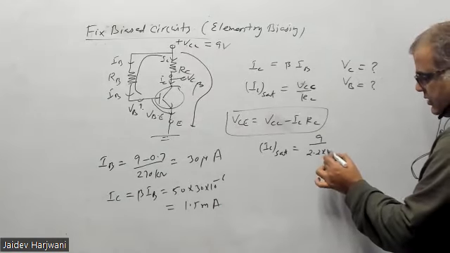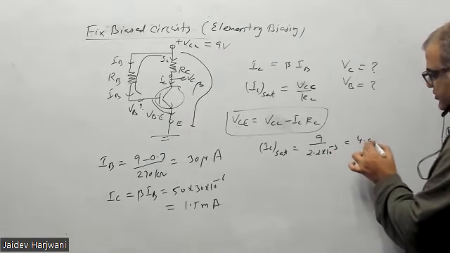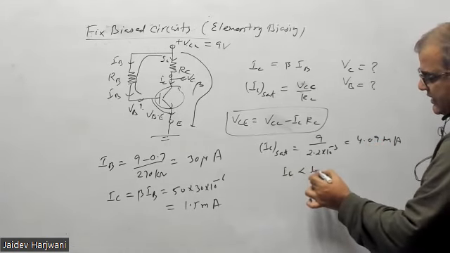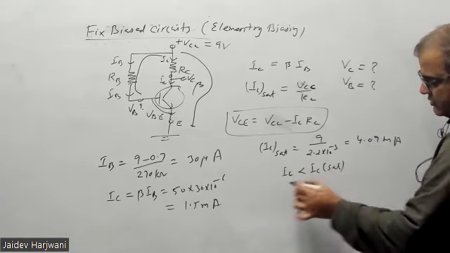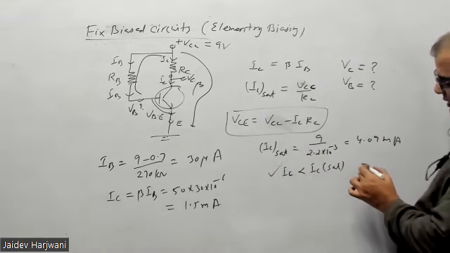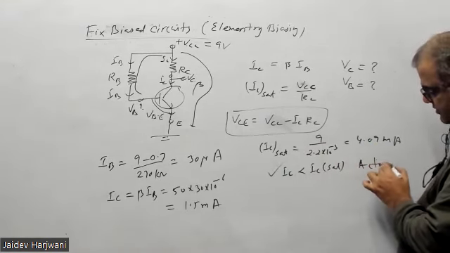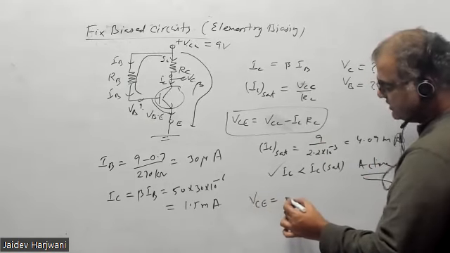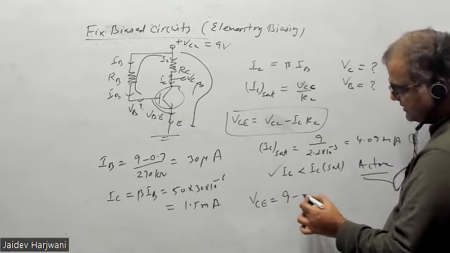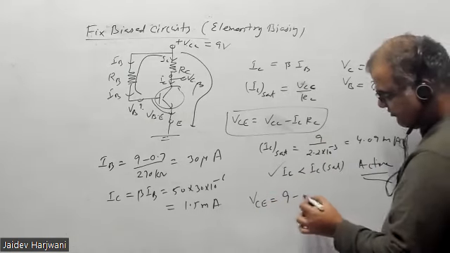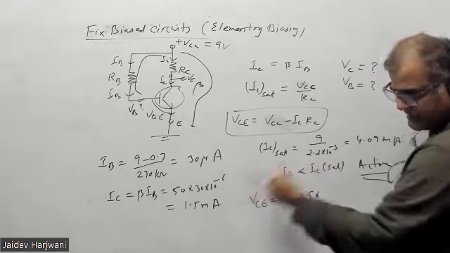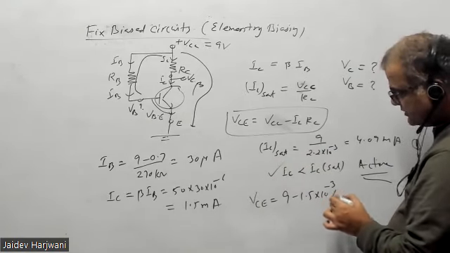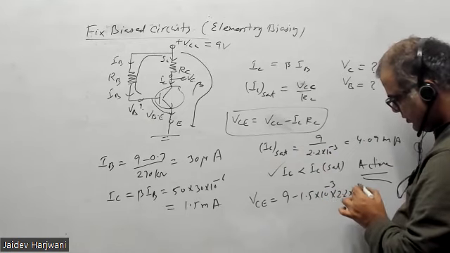How much is it coming? 4.09 milliampere. Okay, so my IC is less than IC saturation, and the operation region is active. Now I can calculate my VCE. VCE will be VCC 9 minus IC, whose value is 1.5, the lesser value that you have to take, times RC, which is 2.2 kilo ohm.